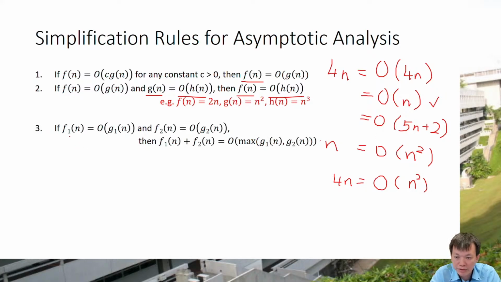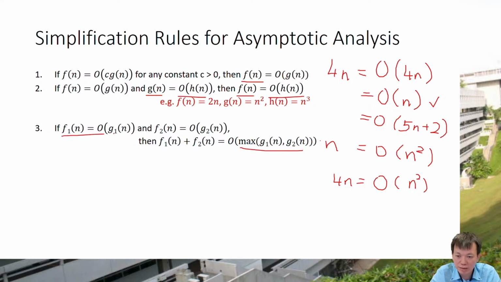Another one: if f1(n) is in O(g1(n)) and f2(n) is in O(g2(n)), then f1 plus f2, the first part of your algorithm and the second part of your algorithm summed up, what is the total? You consider the worst case, the worst part.